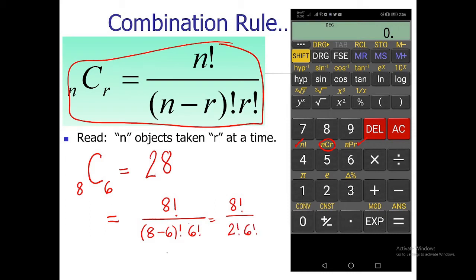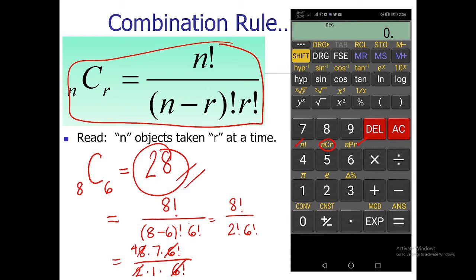To solve this, we have 8 times 7 times 6 factorial. I will stop with that because I will be canceling that over the 6 factorial. Then I simplify 2 factorial, so you can cancel this out. This is 4. 4 times 7 is 28, which is the combination of 8 taken 6 at a time.